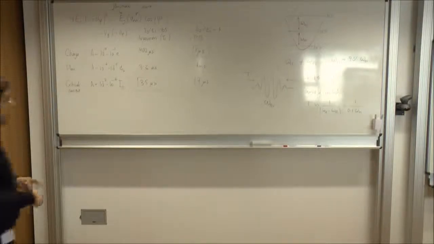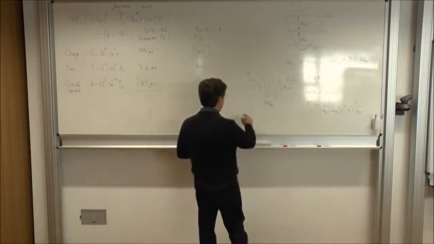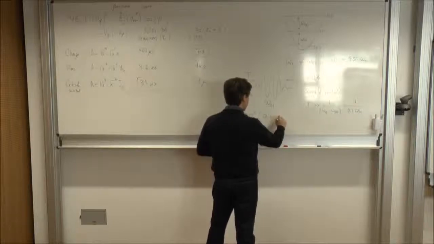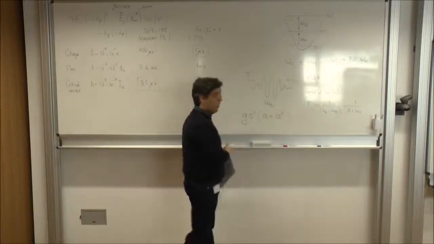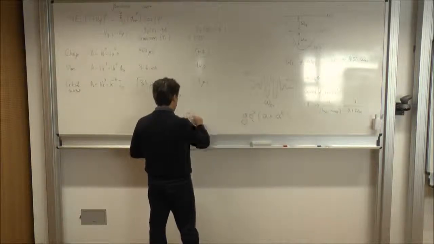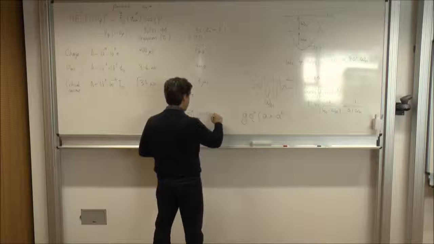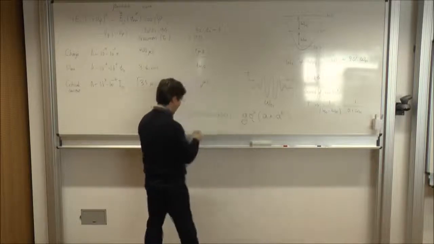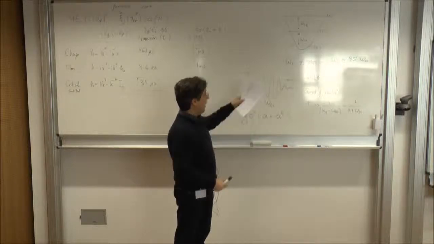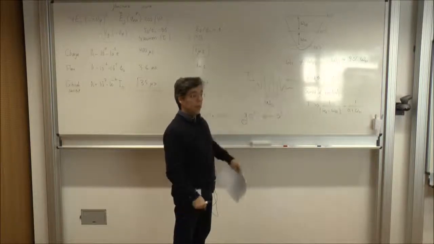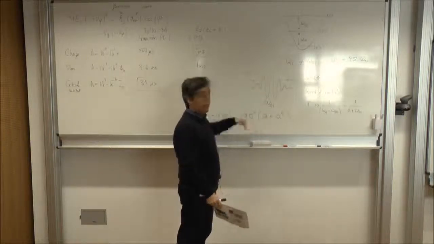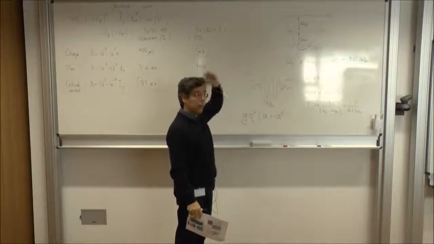It also sets a limit, for instance, on the strength with which your qubit can couple to a cavity. If you want just two levels to participate, this coupling strength g has to be smaller again than the anharmonicity, because if it becomes bigger, then a couple of photons can excite the transition to level 2 and so on.